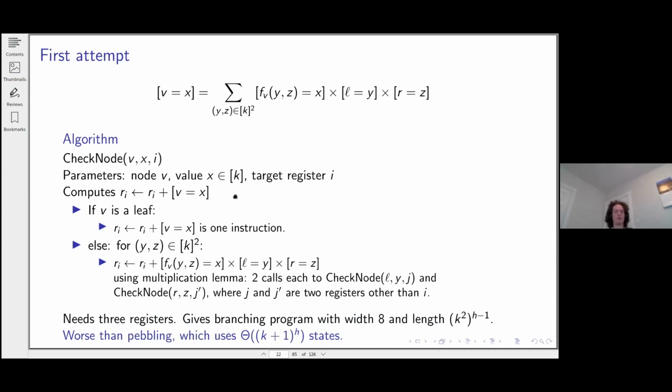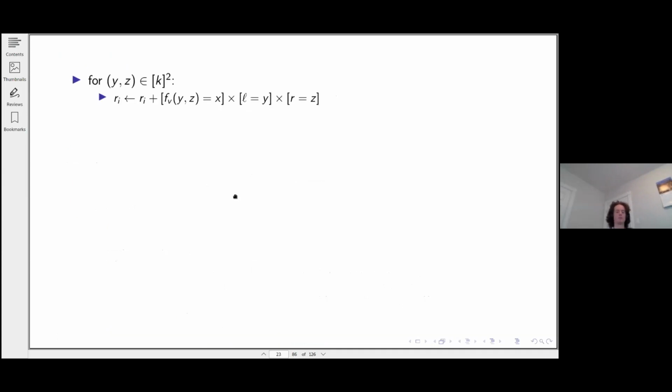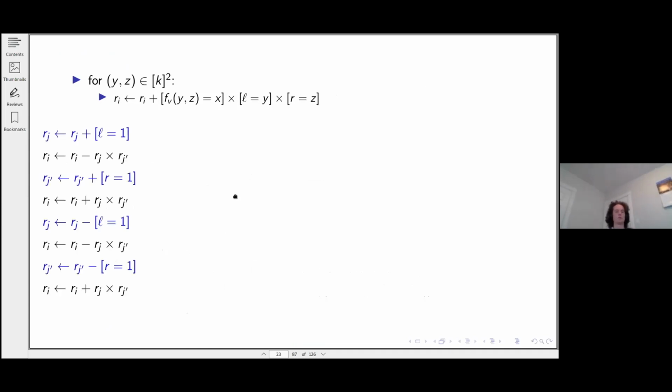So in order to see what we should try to do next, let's dig a little bit into this for loop that the algorithm runs. The algorithm loops over all pairs y and z, and in each case, the algorithm invokes this multiplication lemma. So let's take a look at how that lemma works.